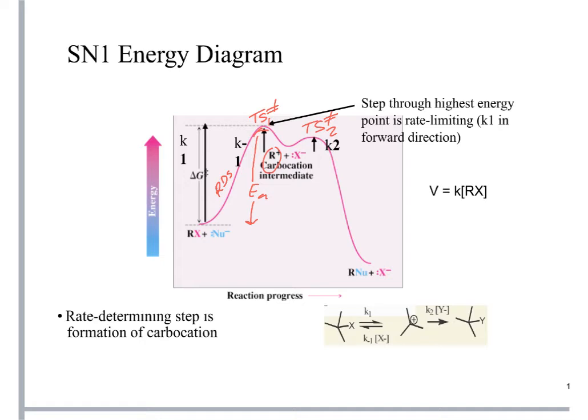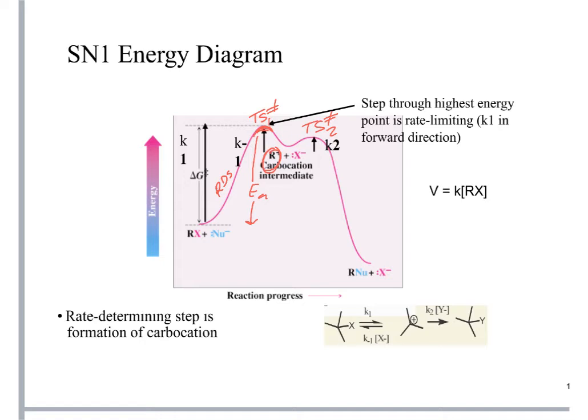So as you recall, the Hammond postulate states that factors that stabilize the carbocation, our carbocation intermediate here, will be the same ones that will affect the relative stability of the transition state that leads to that carbocation. So we'll take a look at those factors as well.